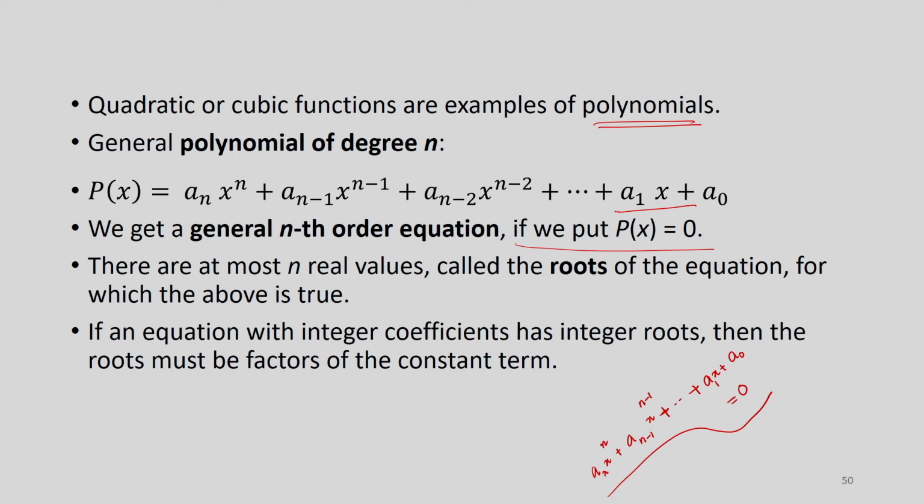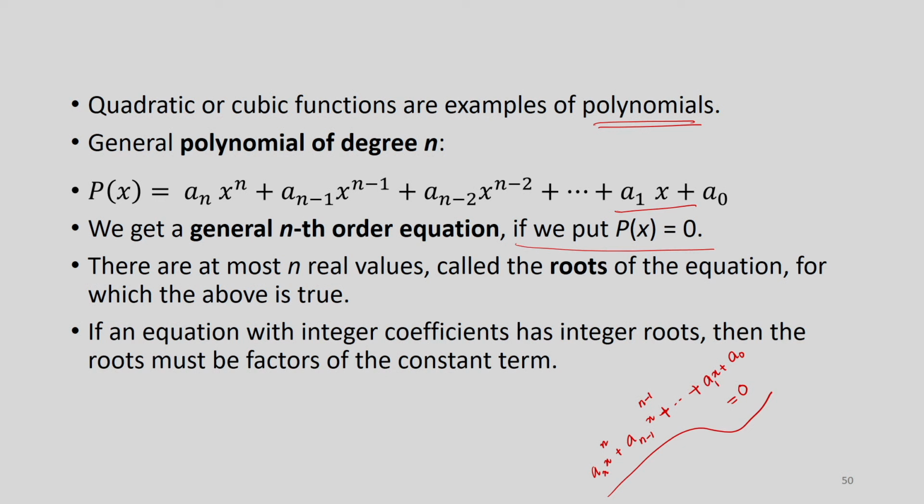Now, there are at most n real values, called the roots of the equation, for which the above is true. This is an equation of nth degree or order, and there will be at most n real values of x, or the roots of this equation, for which the left hand side will be equal to the right hand side.